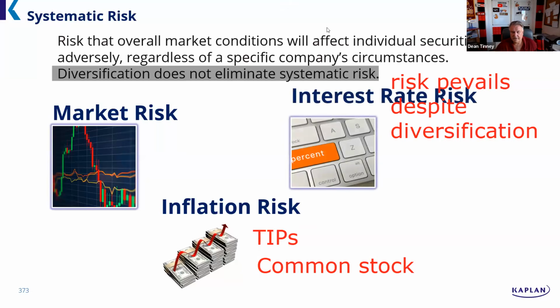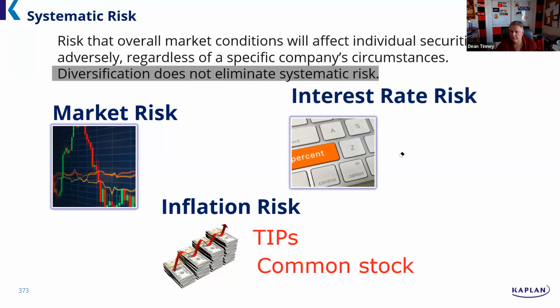Interest rate risk. Again, it doesn't matter what bond you own. If you own a bond or a bond fund, it doesn't matter. If interest rates go up, bonds are going down. And remember, preferred stock is also a fixed income investment vehicle.